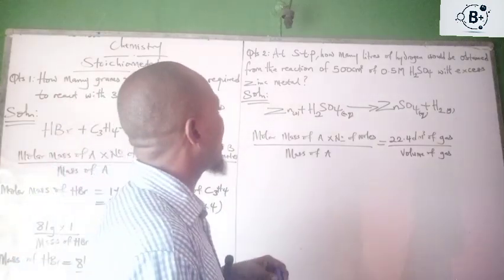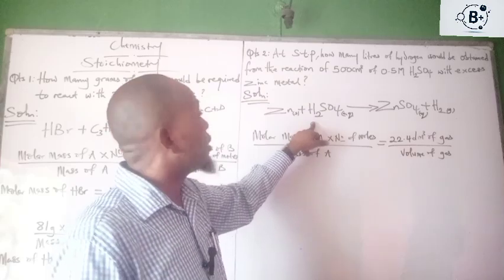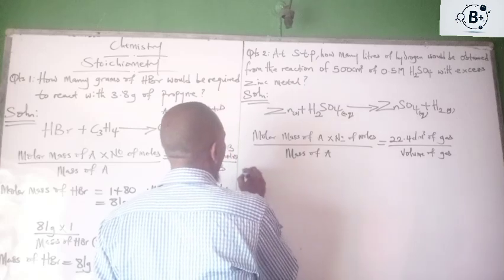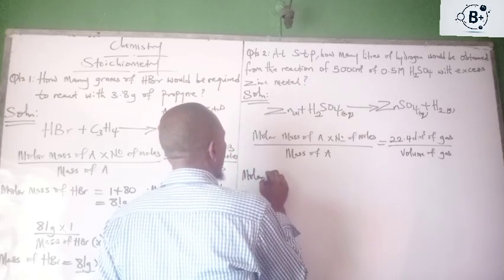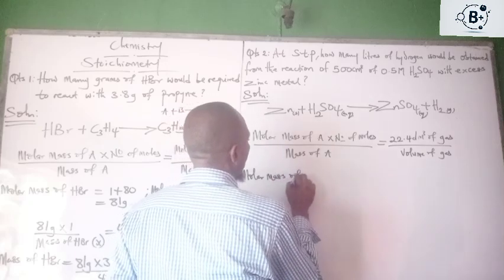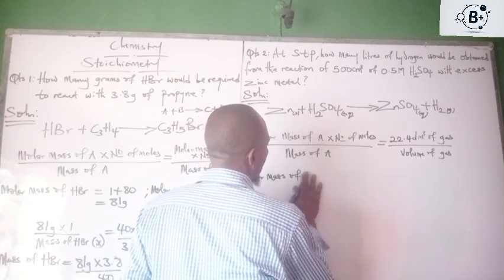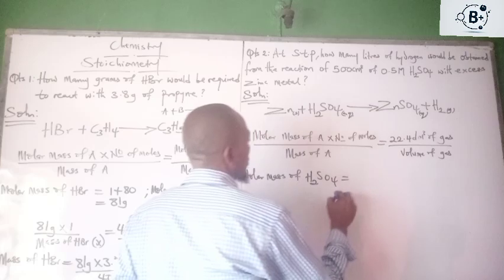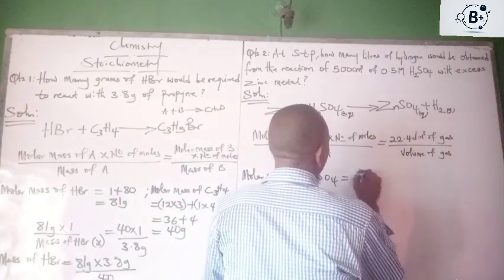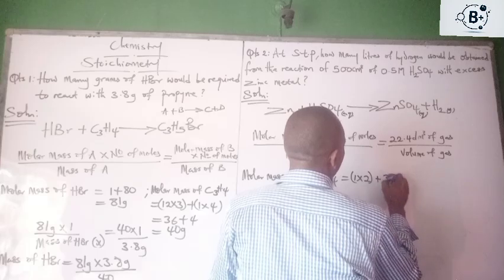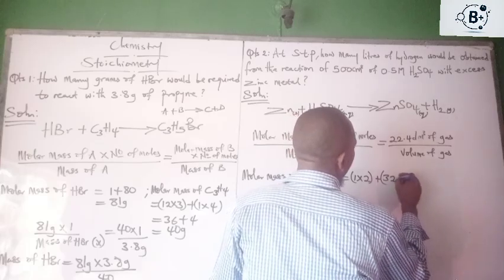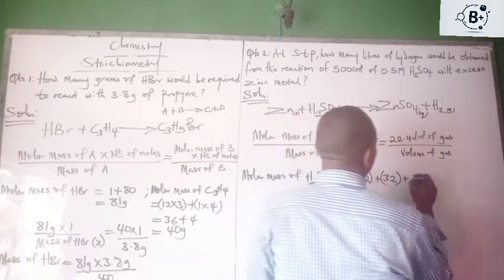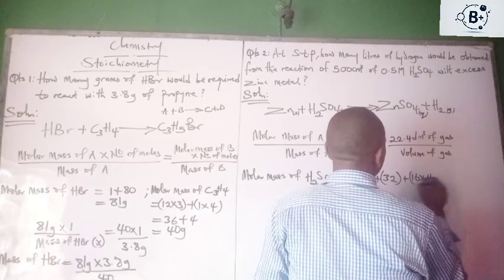So then let's now quickly look at the molar mass of A. A is the H2SO4. Molar mass of H2SO4 is equal to, we have 1 times 2 plus sulfur is 32 plus oxygen is 16, and we have 4 atoms of it.